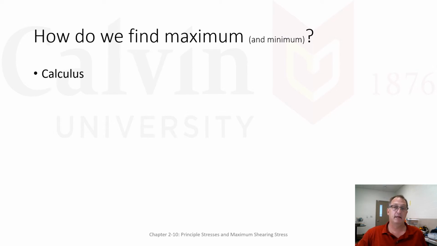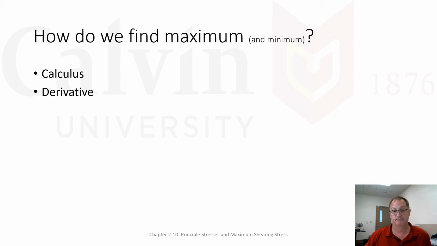How do we find the maximum and minimum? Well, I hate to tell you, but it is a bad word. It is calculus. If we have this equation, and if we want to find the maximum or the minimum, we're going to take its derivative with respect to that angle, set that equal to 0, and then solve that.